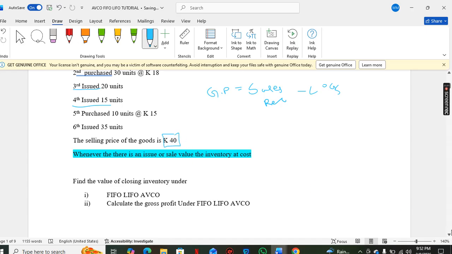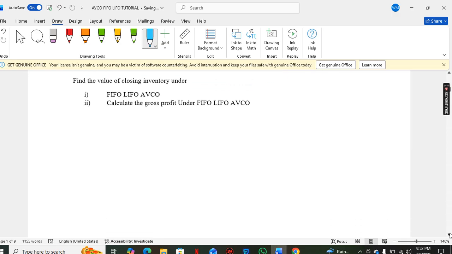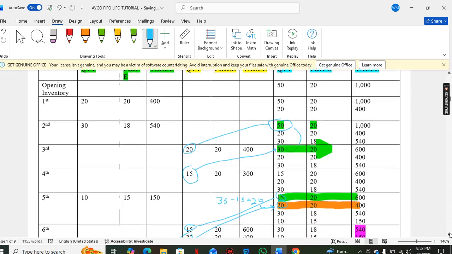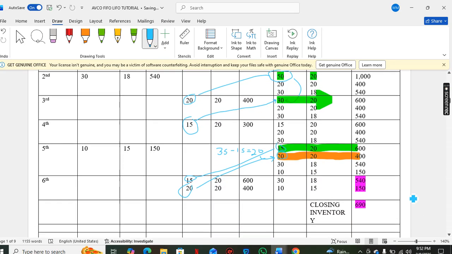So we just need to find out how many goods we sold in total. So here under sales and issues, we just add 20 plus 15 plus 35. So we sold 70 units.